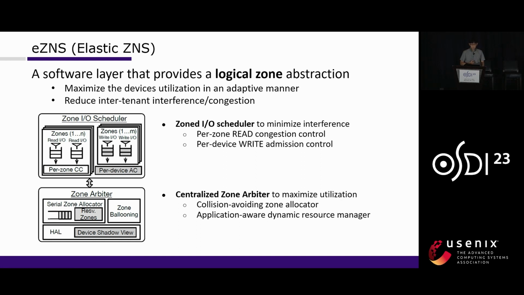E-ZNS consists of two major components. The zoned I/O scheduler, located on the data path, effectively reduces I/O interferences. And the centralized zone arbiter, situated on the control path, monitors the device status and dynamically adjusts resource allocation. In the following slides, we will dive into each component in detail, exploring their functionalities and benefits.